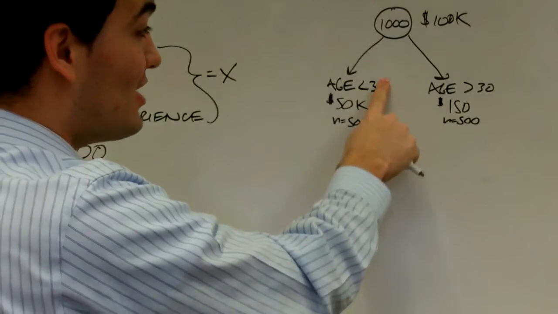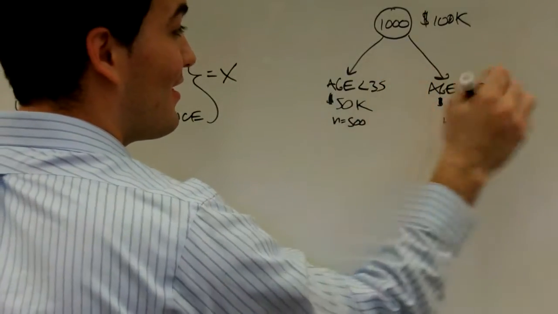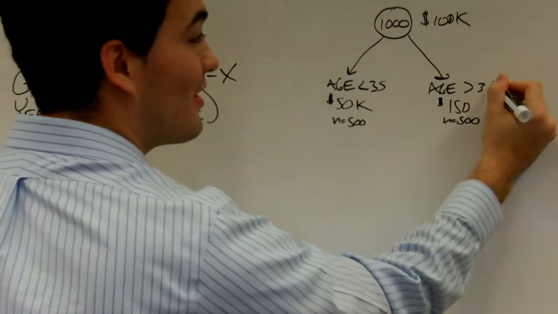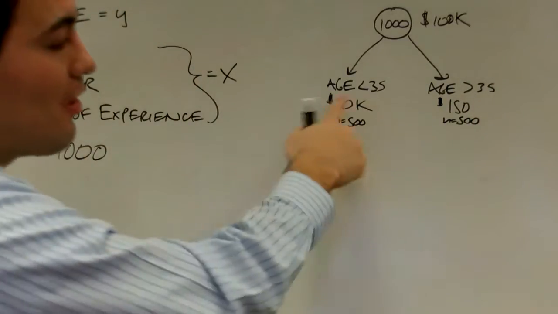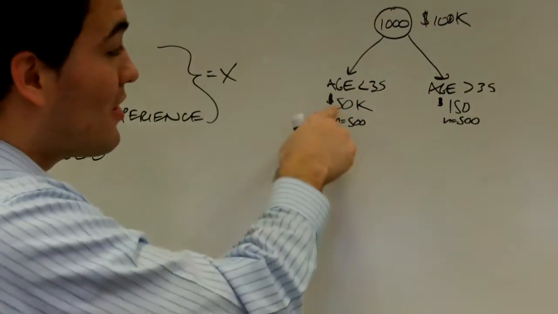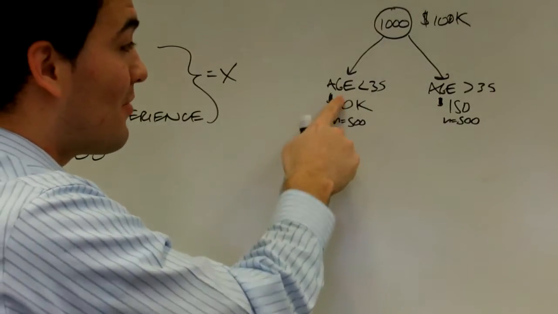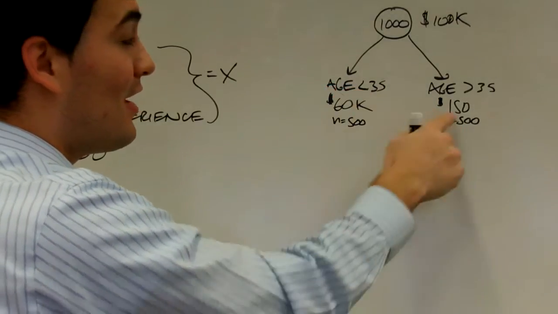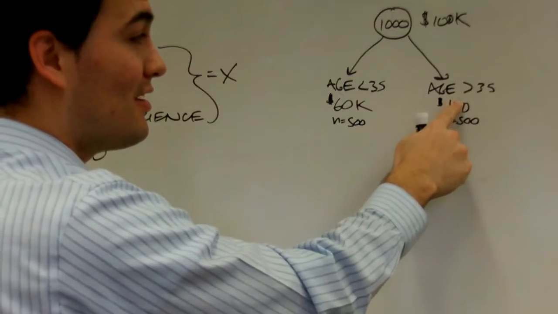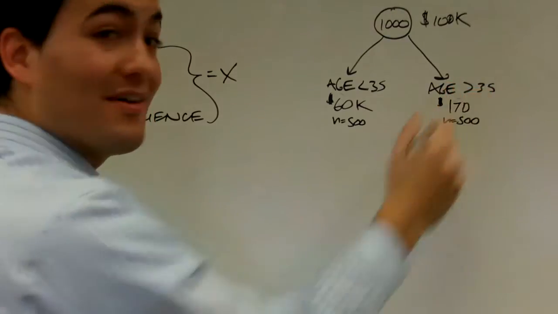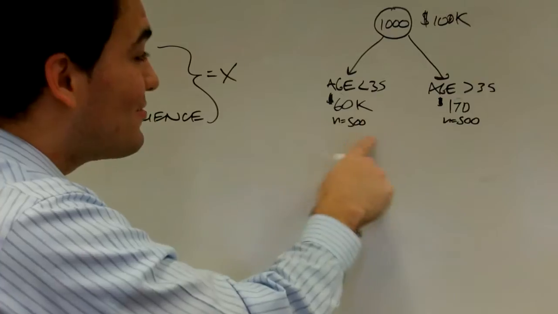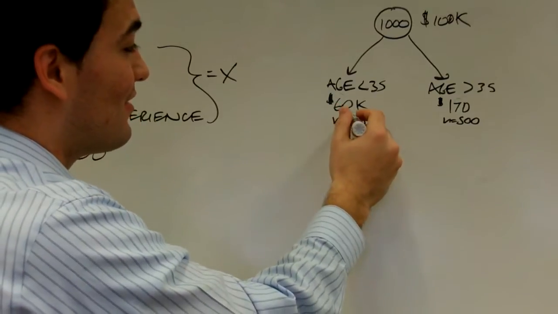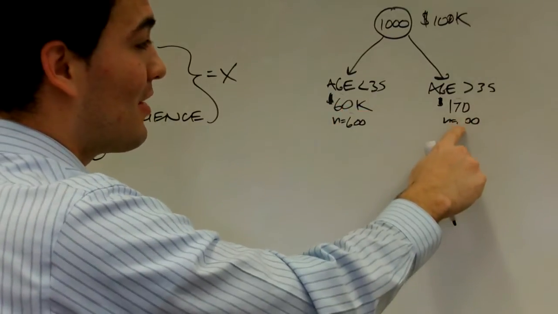Maybe we split at age 35 instead of at age 30. By doing this, all of these can change. So it might not be 50,000 anymore, it might be 60,000. And it might not be 150,000, it might be 170,000. And the counts would change too, so you might have 600 people and you might have 400 people.